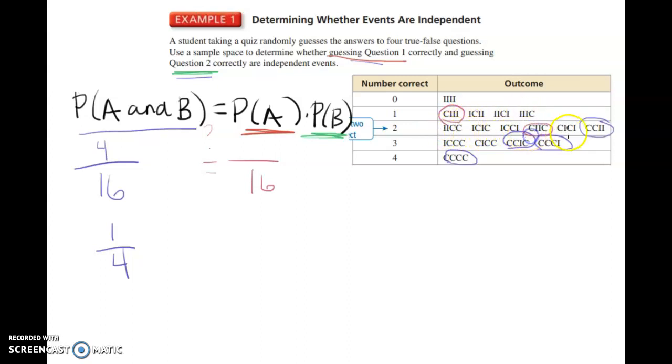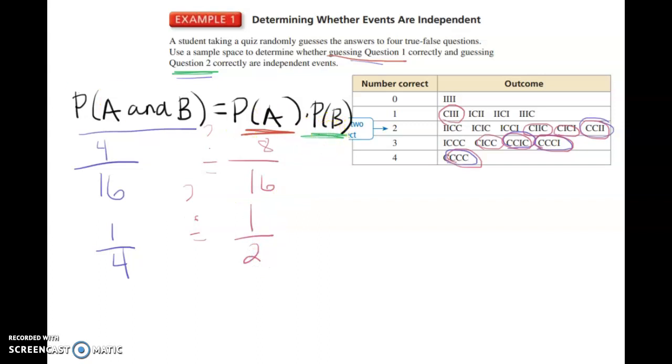Here, question 1 is correct. And so on, for 1, 2, 3, 4, 5, 6, 7, 8. So 8 out of 16, which is the same thing as 1/2.